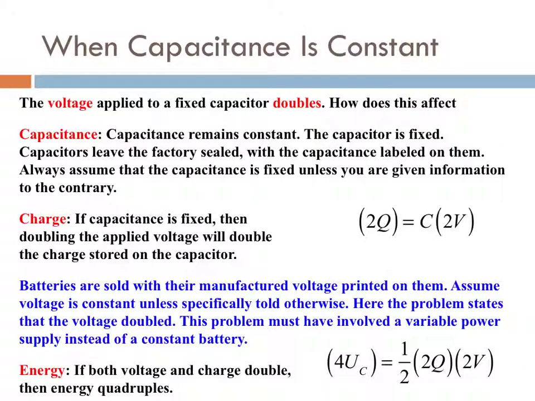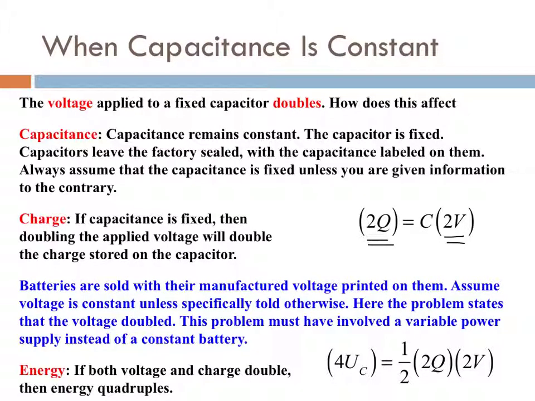Now again, these are the types of problems that you're more likely to see on the multiple choice section of the AP exam. Here, the only way that you can change charge is by changing the voltage, because capacitance at this point is a constant. So, if the capacitance is a constant, then if you double the voltage, then you double the charge.